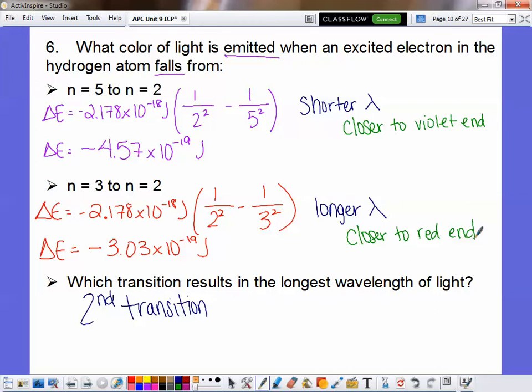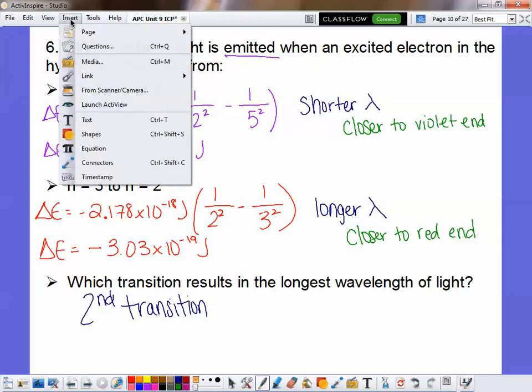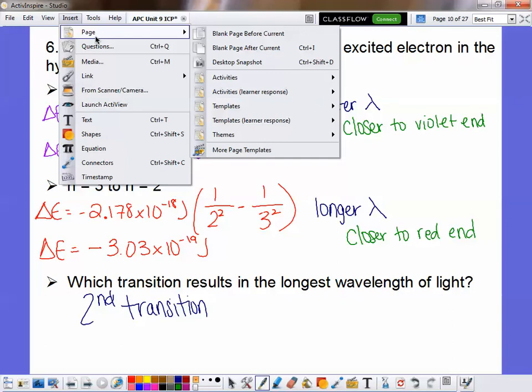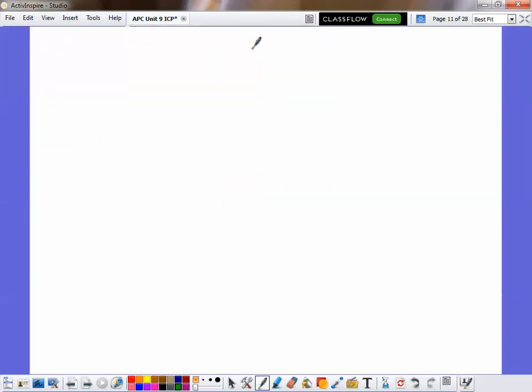Okay? All right. So now we're going to move into electron arrangement. Before we do that, though, before we answer number 7, let me insert a page, and I'm going to go through some review of electron arrangements.